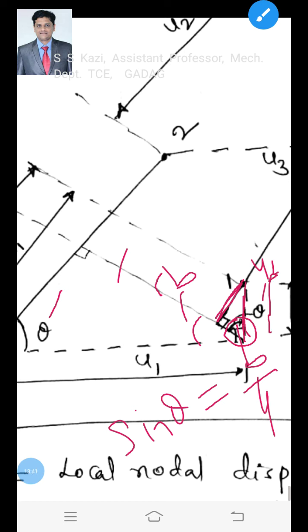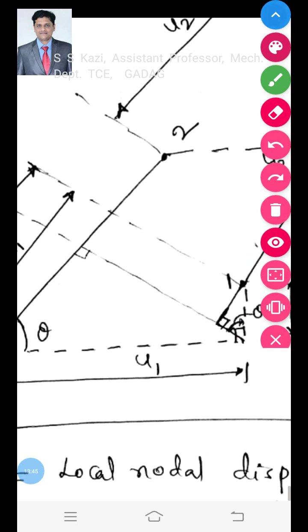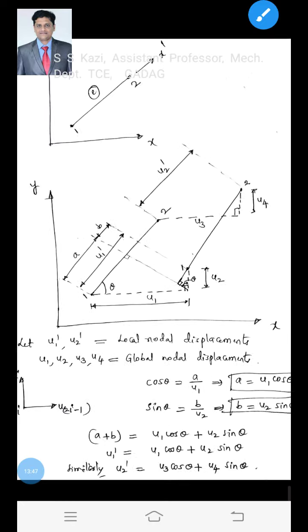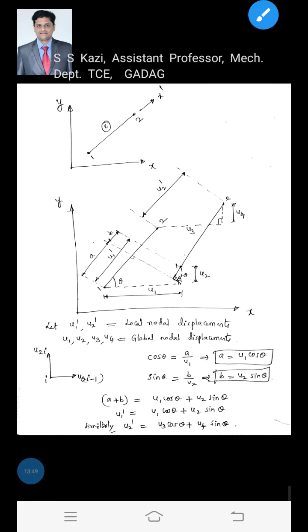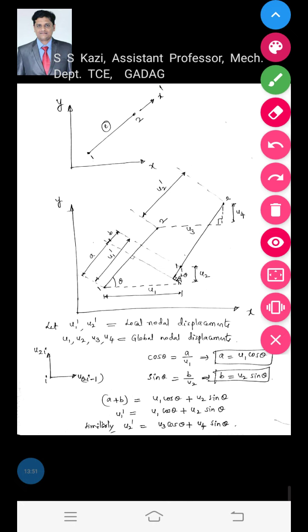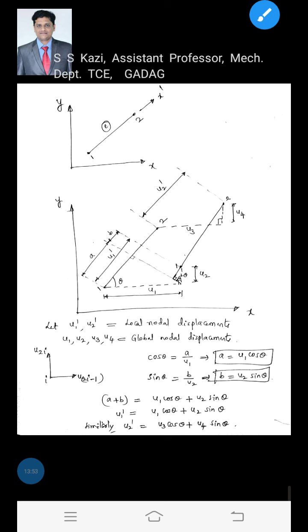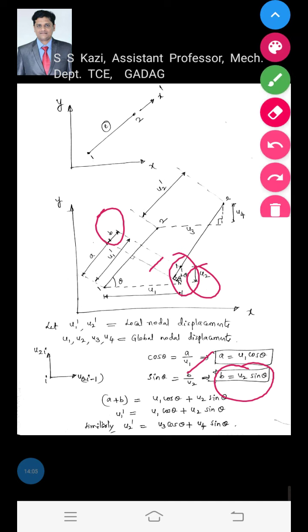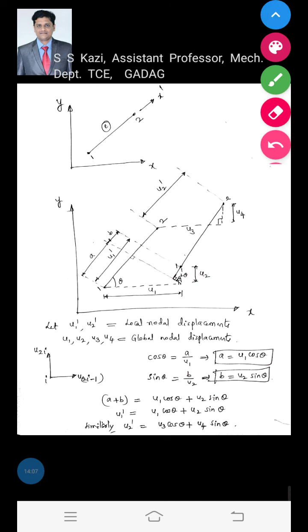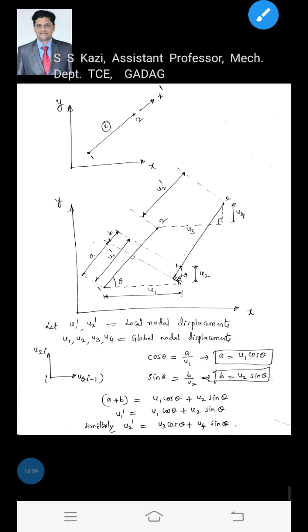Sine theta is equal to B by u2, hence B is equal to u2 sine theta, by considering this right angle triangle. Therefore now we got the relationship between local and global nodal displacement.